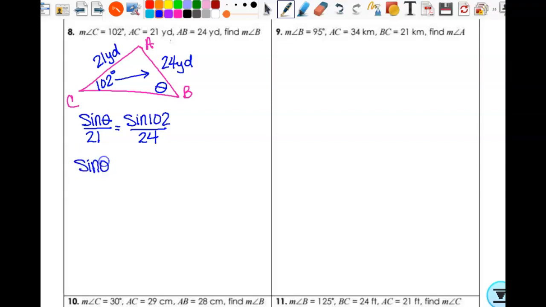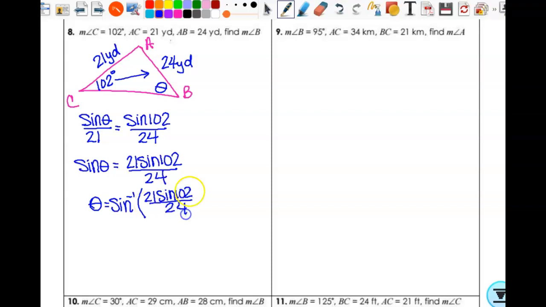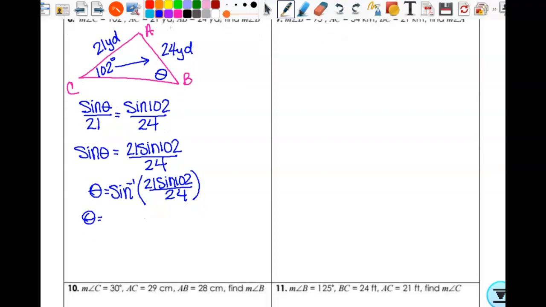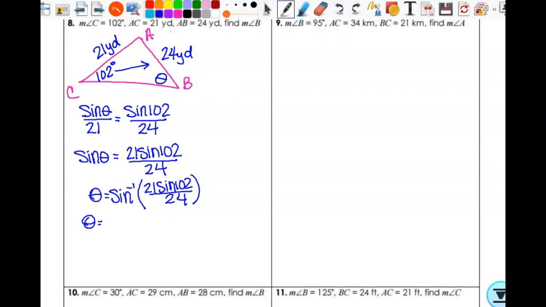So the sine of theta is equal to 21 times the sine of 102 over 24, which means theta is the sine inverse. Type that in and you should get an actual angle this time. So if you get an error, there's the problem. But find both of your angles.